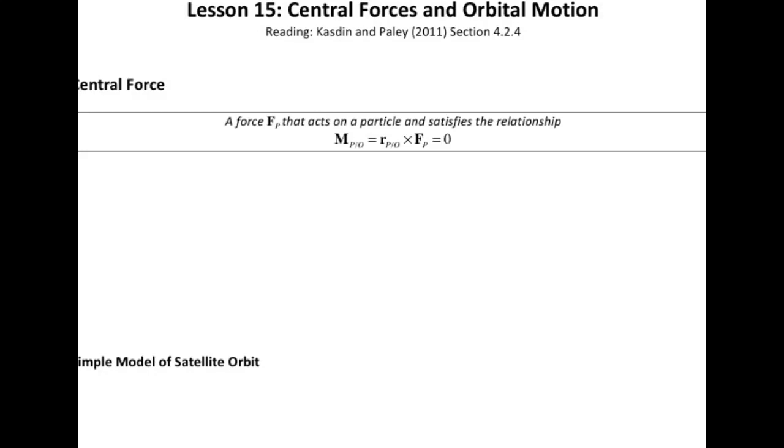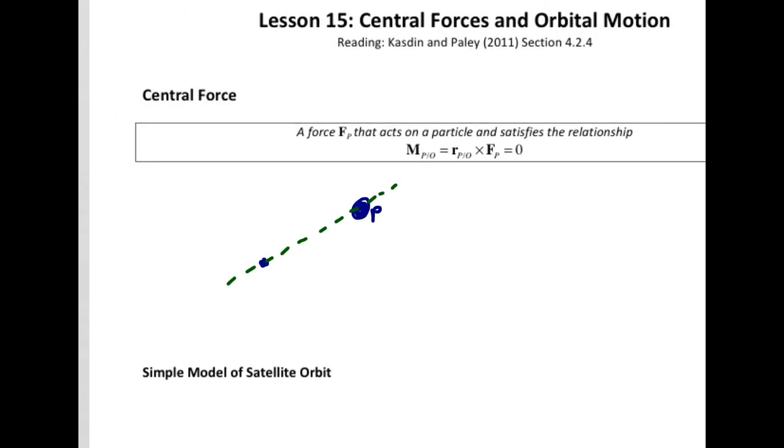You can probably already recognize from our discussions that the only way to achieve this, if we've got a point O and then we've got our mass p, is if the force Fp is pointed along the line of action between those points. And so here, Fp along that line of action would satisfy the condition in which our moment is equal to 0.